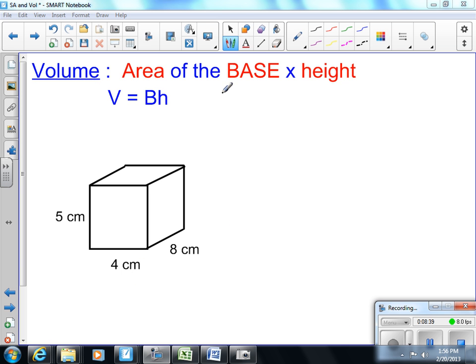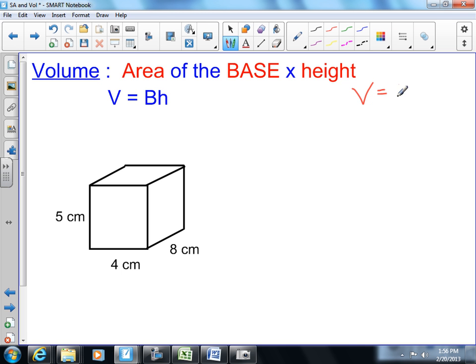Okay, volume. Volume is the area of the base times the height. Normally you see it written like this with a capital B, and the capital B represents the area of the base. So like yesterday we were finding kind of what is the shape of the base. That's what you call it. Well, the shape of this base is a rectangle.